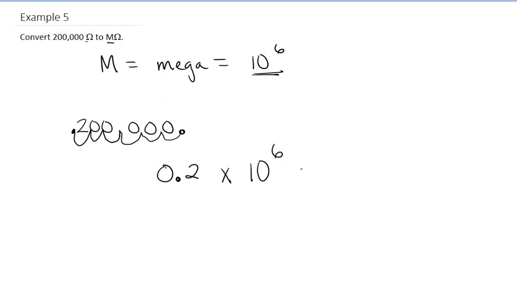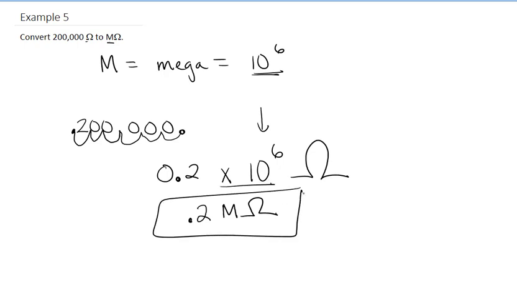And so we would have now this in ohms. But in order to go to megaohms, all we need to do is replace this 10 to the 6. So you go 0.2 megaohms. So you drop out this part, and then you have it in megaohms. So it's 0.2 megaohms.